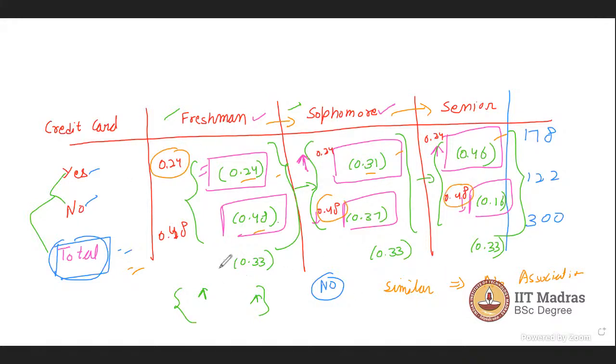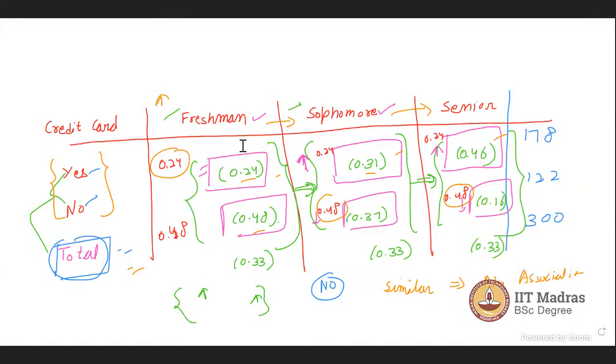So an increase in their year of graduation does not affect them from owning the credit card. That's why we say when the frequencies are similar over the rows or columns, there is no association. But if you check the green one, you can see that it keeps on changing. So there is something to do with the year of graduation and credit card owning.